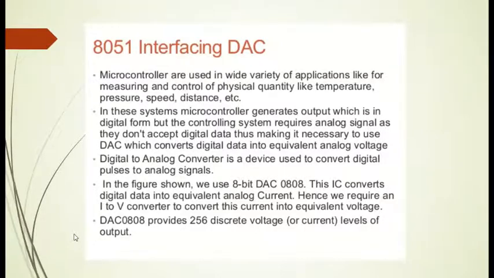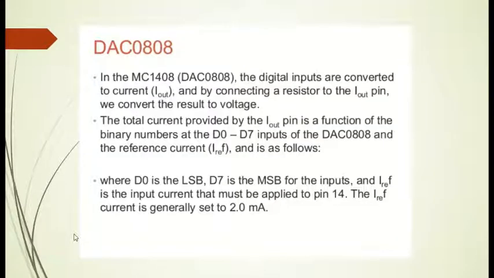First, digital inputs are converted into current, which is available at the IOUT pin. By connecting a resistor to this pin, we can convert the resultant current into the corresponding voltage.